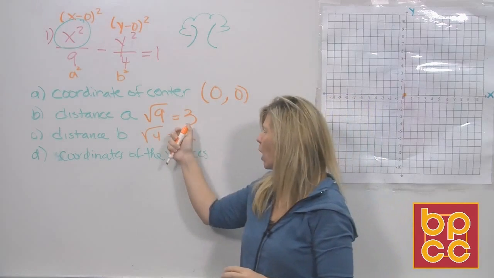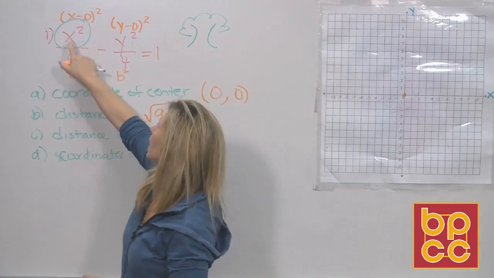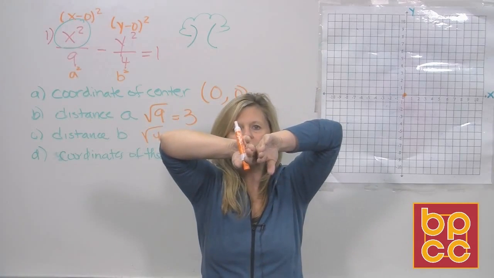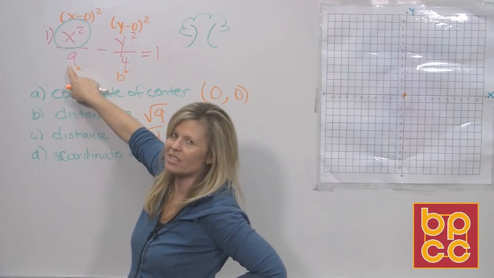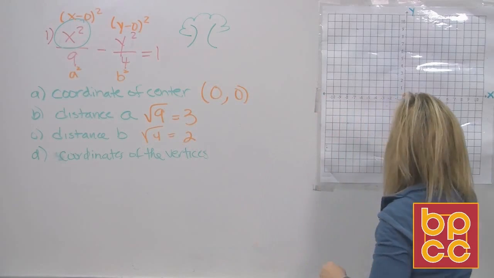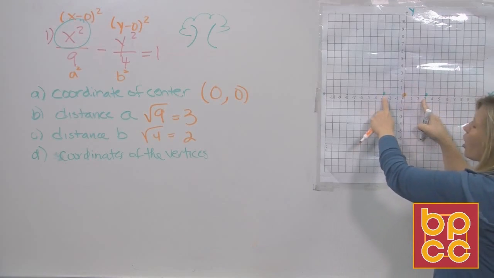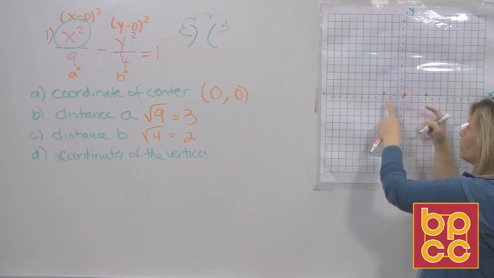It's not the one you write first on paper. You go back to the equation because x is first. We know this hyperbola is going to split left and right. That's why we're going to use distance A first. So from the center, we're going to move 3 to the right, 3 to the left. Those are your vertices, your 2 points on the curve.